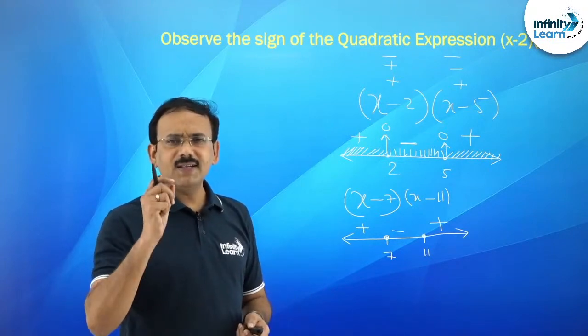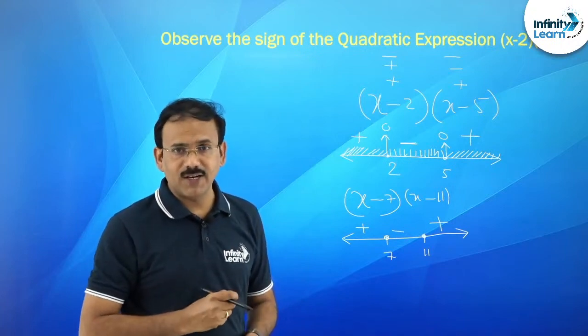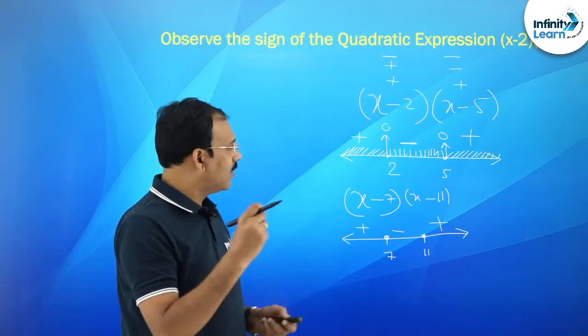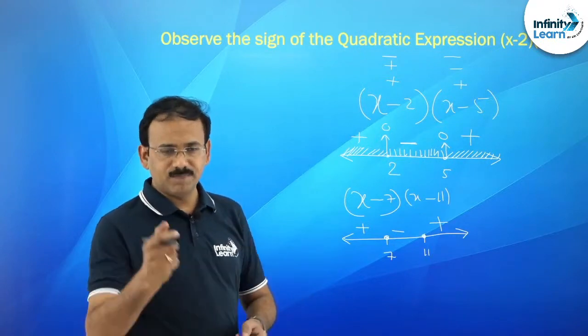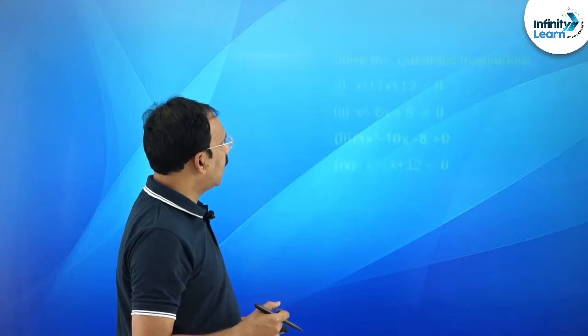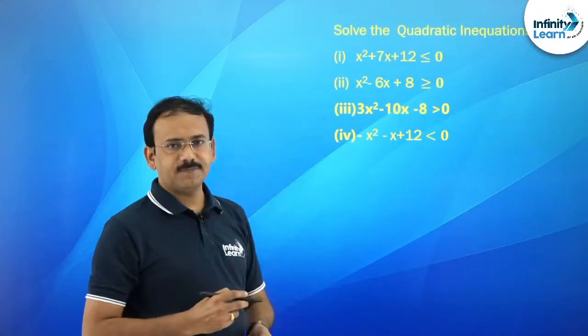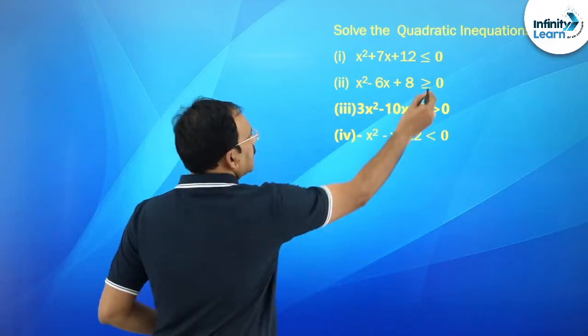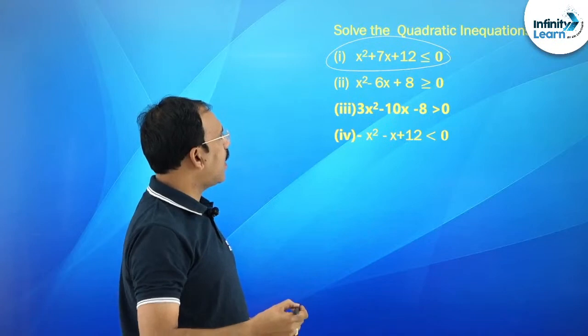Listen to me, it takes just a couple of seconds to solve quadratic inequations. If you really follow this, definitely you can enjoy the result. Now solve the quadratic inequations. First one, x square plus 7x plus 12 is less than or equal to 0.